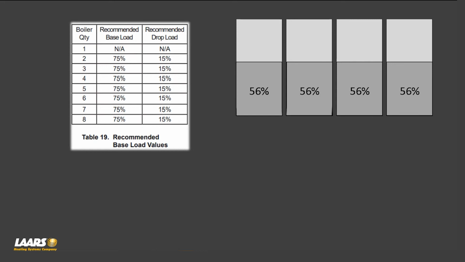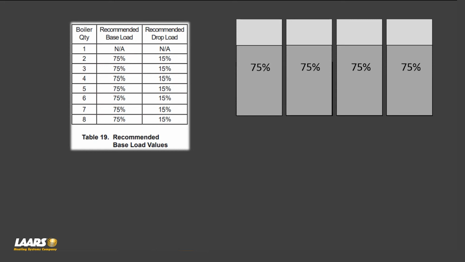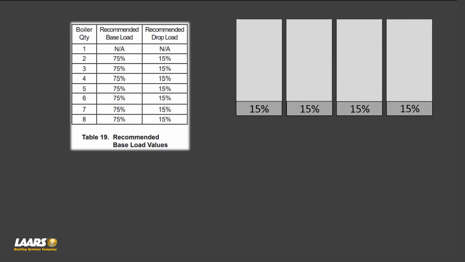Once they're all there, they can modulate together in their range of wherever they need to be. As they come down to the drop load, now we can drop off boiler 4. But if we've got 4 boilers running at 15%, that is 60%. Drop off boiler 4, boilers 1, 2, and 3 will operate at 20% of fire.